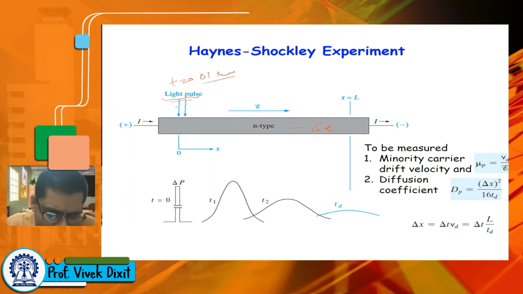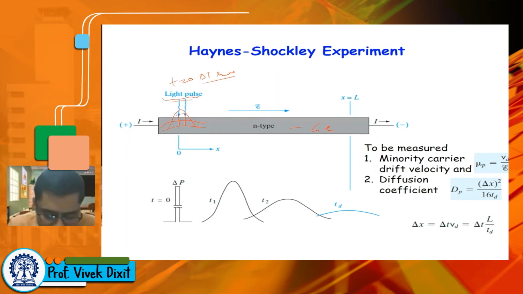So at t equal to 0, suddenly carriers are generated. Then they are left to diffuse. What will happen when you generate this pulse? This pulse will diffuse, and if you apply a field, then this pulse will propagate and diffuse.